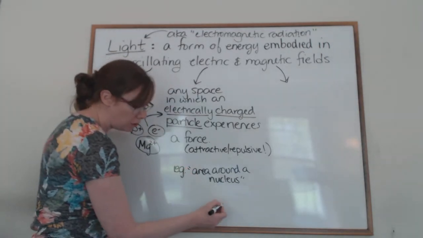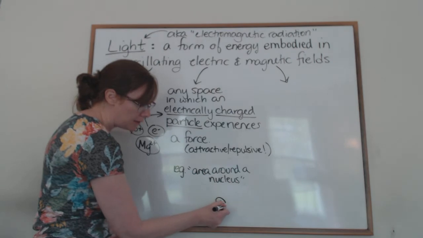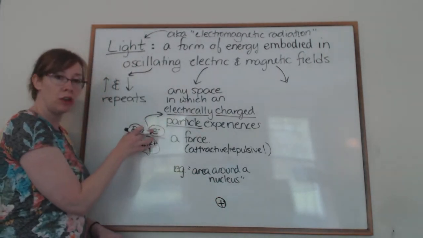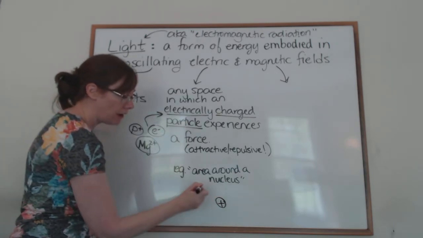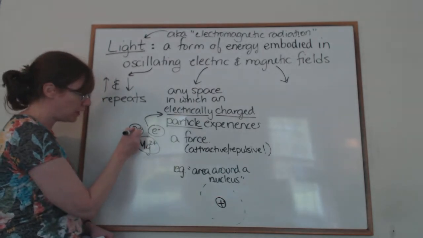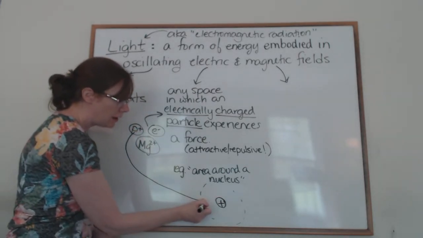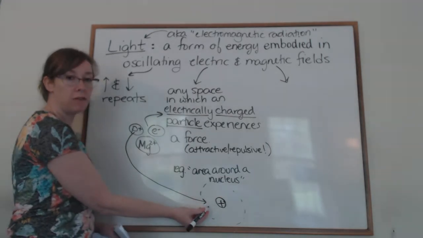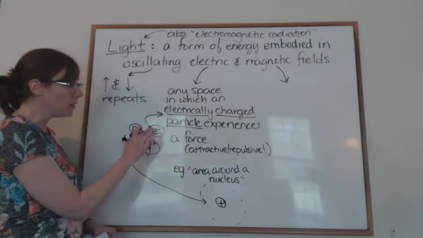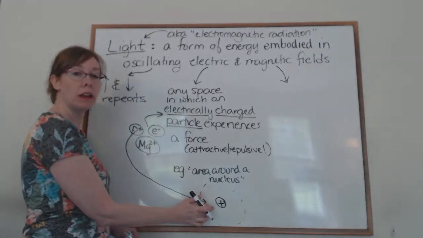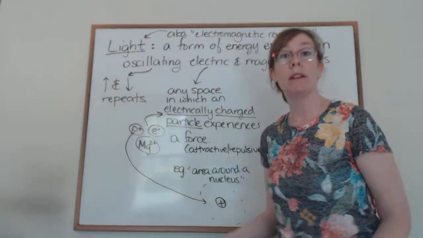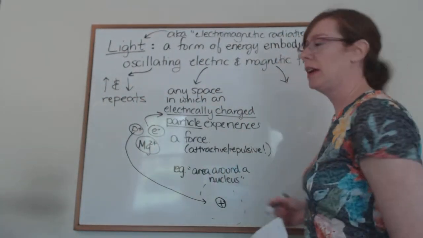Because if you have a nucleus of an atom, we know that there is a positive charge there, because that's where protons are. If any one of these charged particles enters this area around that nucleus, so say the proton comes in and enters this area, he's going to feel a force. For him, it'll be a repulsive force because it's like charges. An electron, if he enters this area, he'll feel an attractive force. So that's just an example of what an electric field is. It's actually not too hard to understand.